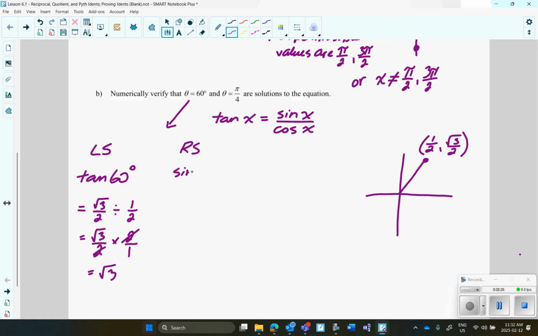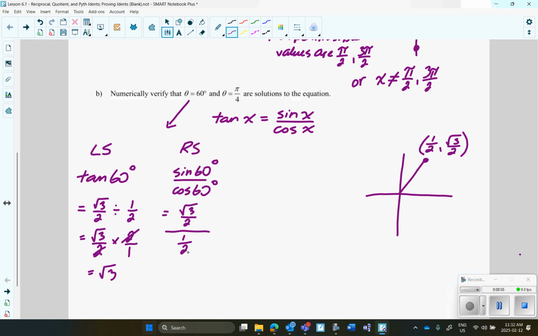Well, sine of 60 degrees divided by the cos of 60 degrees. Well, what's the sine of 60? Well, we go back up to 60 and go to the y coordinate, right? Root 3 over 2, divided by the x coordinate at 60 degrees on the unit circle, 1/2.